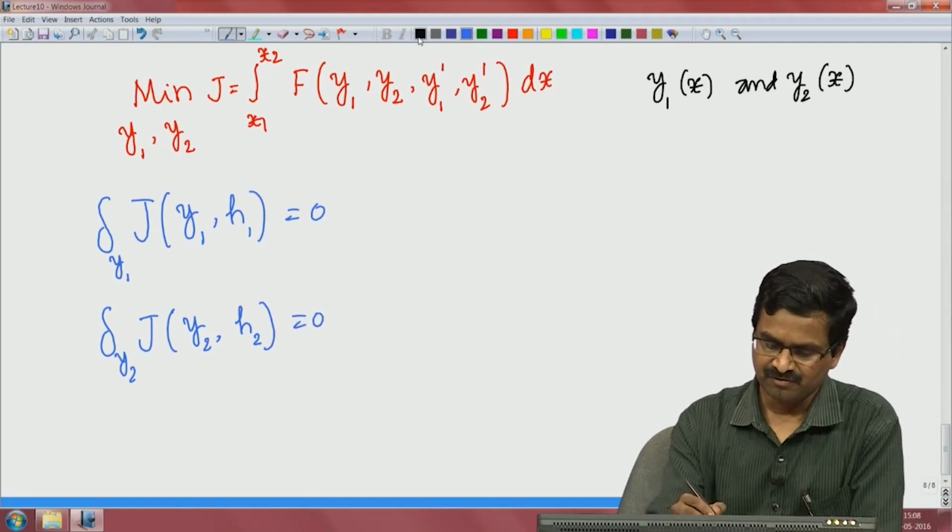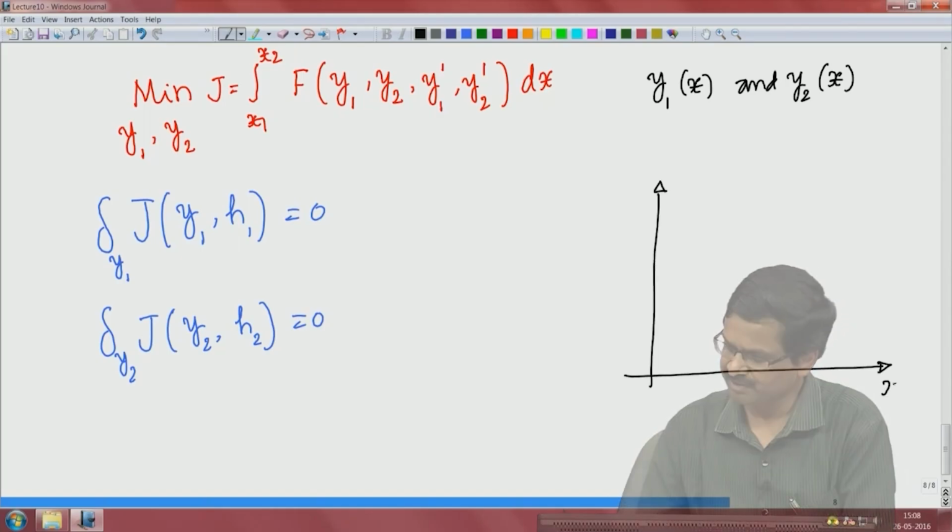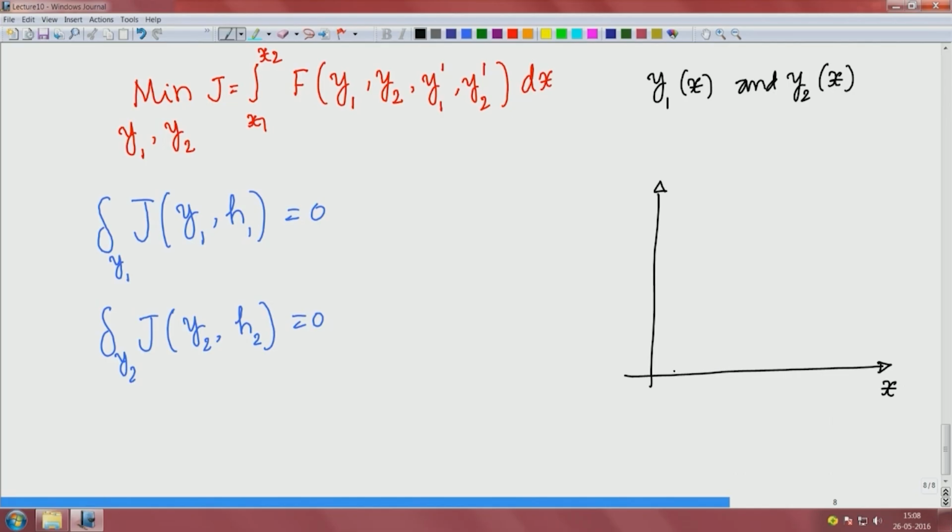In other words, if I have this situation, only one independent variable x, now I have to find out from the same limits x1 to x2, I have to say that there is this function, let us say y1 of x, and let us say there is another function, this one, y2 of x, and both of these together define our integrand or our functional.